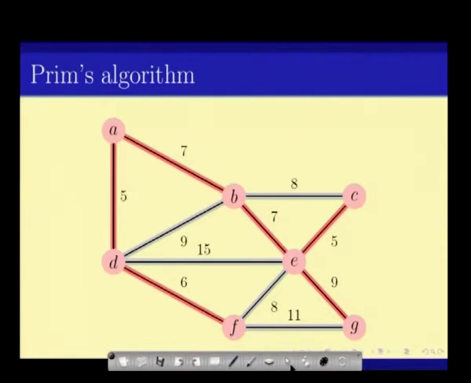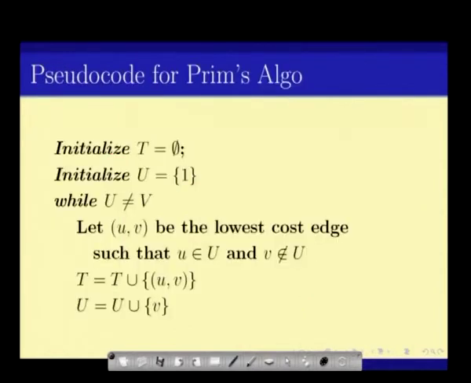Like any greedy algorithm, proving that is always the hard part. So, here is Prim's algorithm. We start with this set U, which is the set of vertices that are colored red.